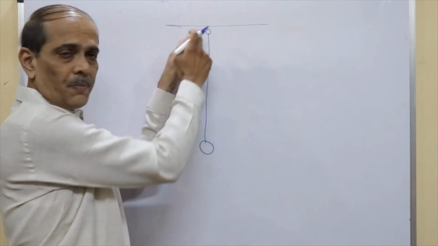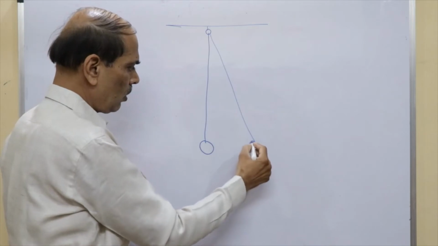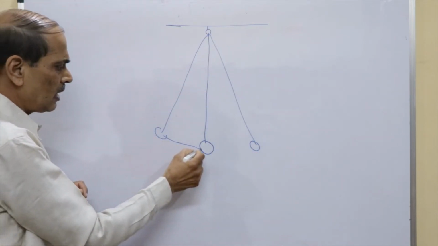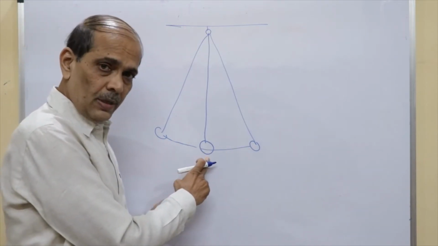So around this pivotal support, this pendulum can go on one side and also can go on the other side. This is nothing but its oscillation. This is the mean position.